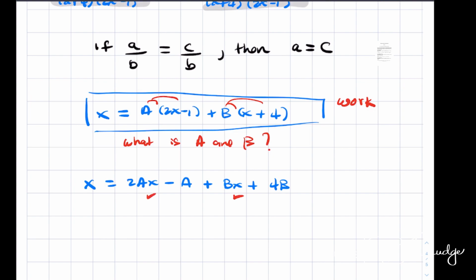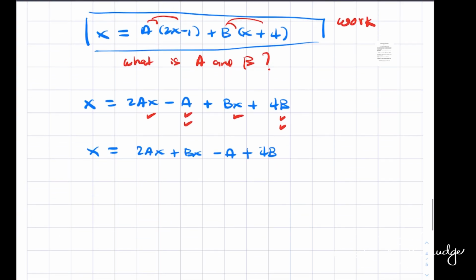I'm going to leave the constants separate. So here's what you get: x equals 2ax plus bx minus a plus 4b. And I'm going to factor out the x over here. So my x becomes 2a plus b, x, minus a plus 4b.